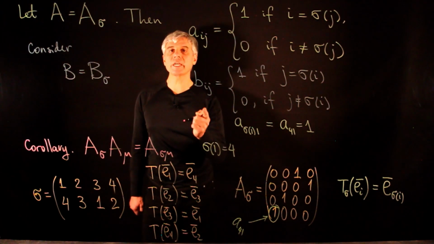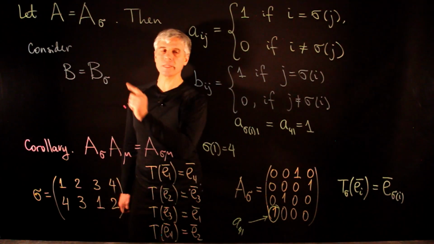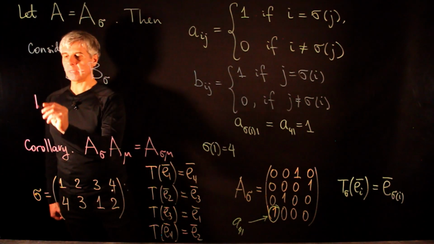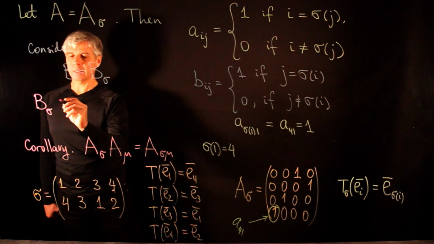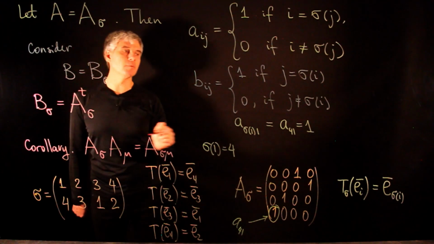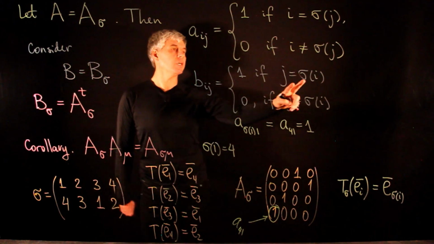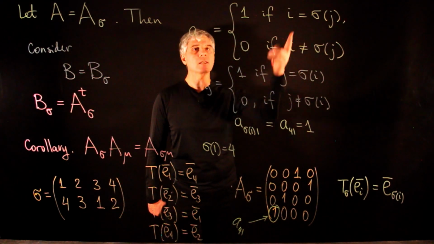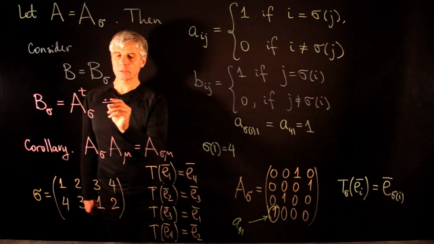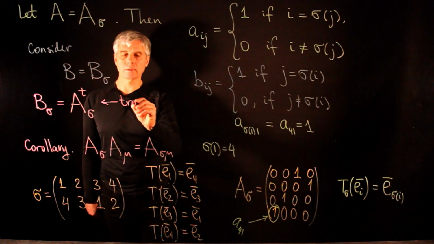Let us understand the relation between the matrix A sigma and B sigma. On one hand, we can easily see that B sigma is nothing but the transpose of the matrix A sigma, because what we have done is we have just switched i and j in the definition of a_ij. So we have a transpose.